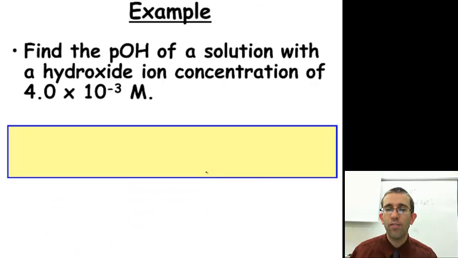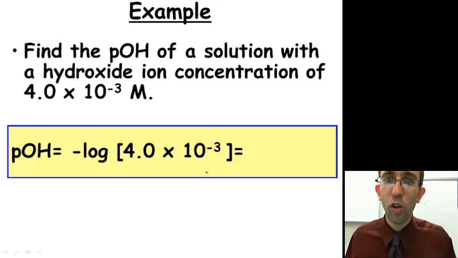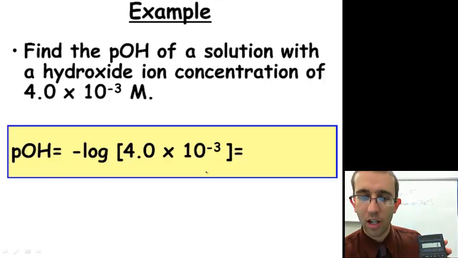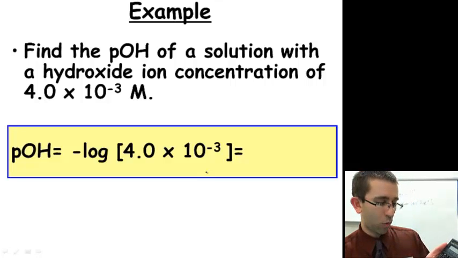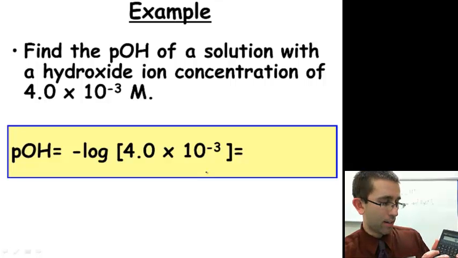So moving right along, find the pOH of a solution with a hydroxide ion concentration of 4.0 times 10 to the negative third. Again, follow along with me in your calculators. If you have one of my calculators, all you got to do is type in 4.0, hit the EXP button for exponent, and then hit the negative right above the 7.